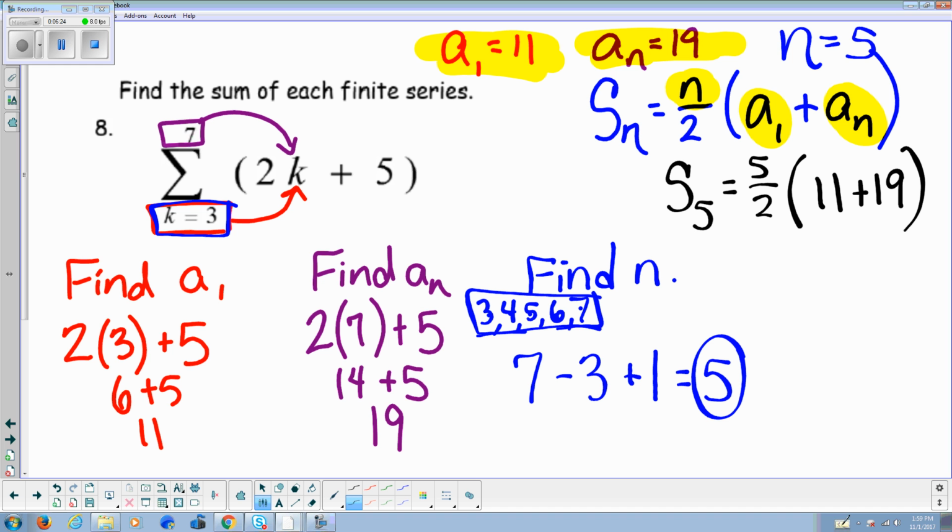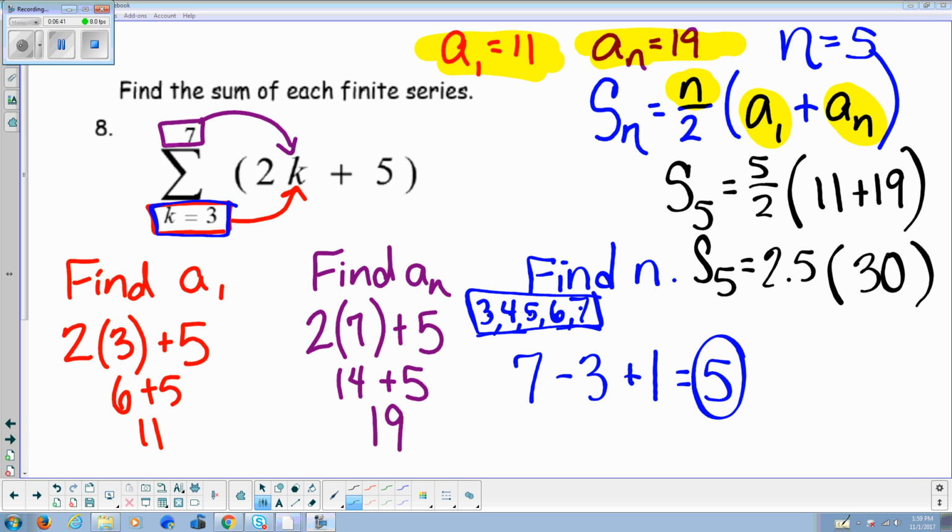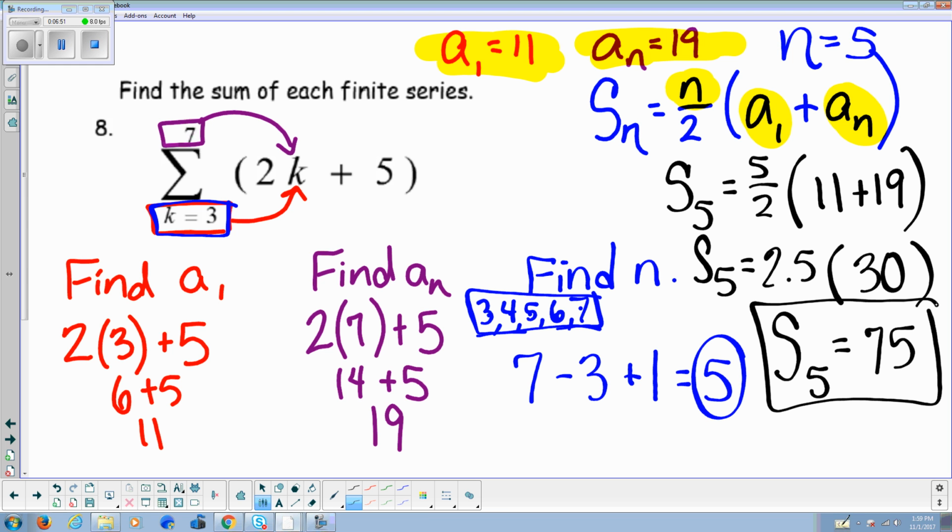So 5 divided by 2 is 2.5, and 11 plus 19 is 30, and then 2.5 multiplied by 30 is 75. So the sum of those 5 numbers would be 75. So the sum of that series is 75.